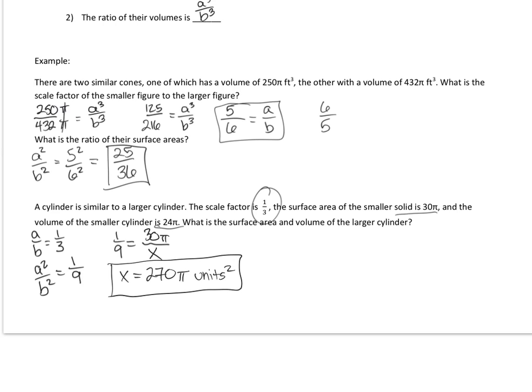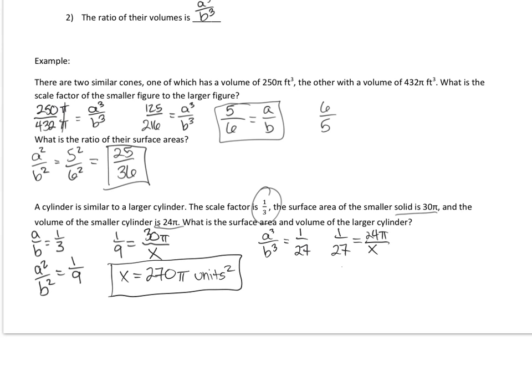Now let's take a look at volume. If a over b is 1/3, well, volume's related by a cubed over b cubed. So that's 1 over 27. They tell me that the volume of my smaller cone is 24 pi. So 1 over 27 relates to 24 pi over x.